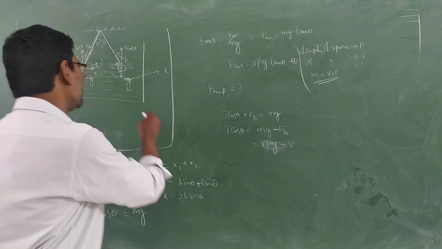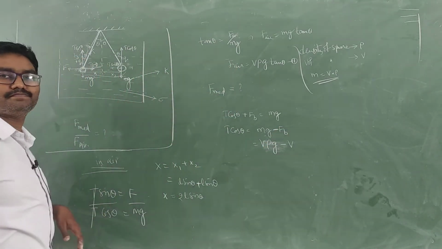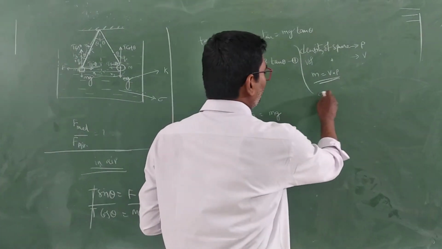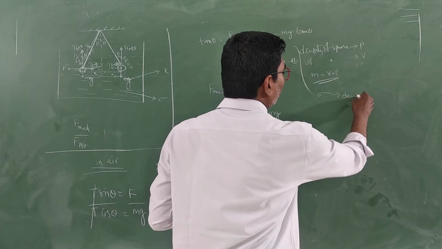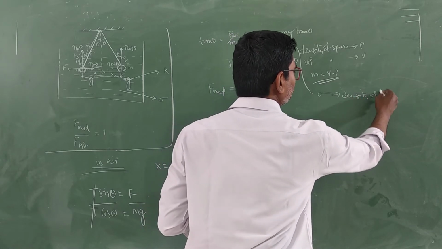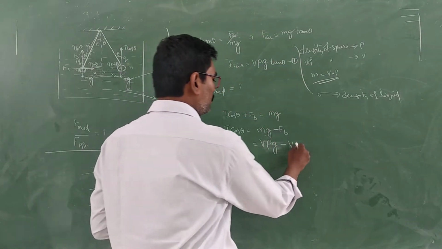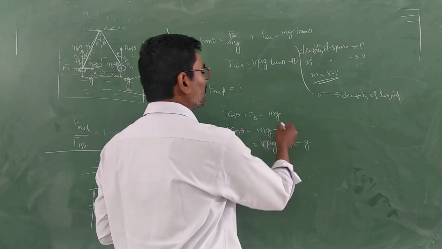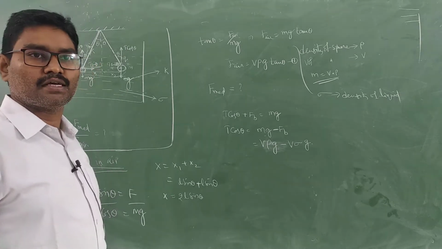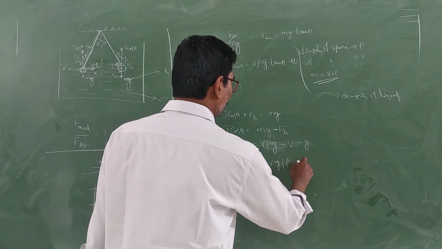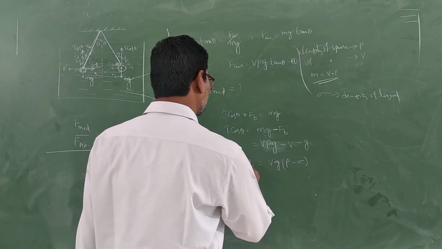Take the density of the liquid as sigma. Sigma is the density of the liquid. Now V sigma g, that is the buoyant force. Correct? So what can you make common? Vg you can make common: Vg(rho minus sigma), that is T cos theta.